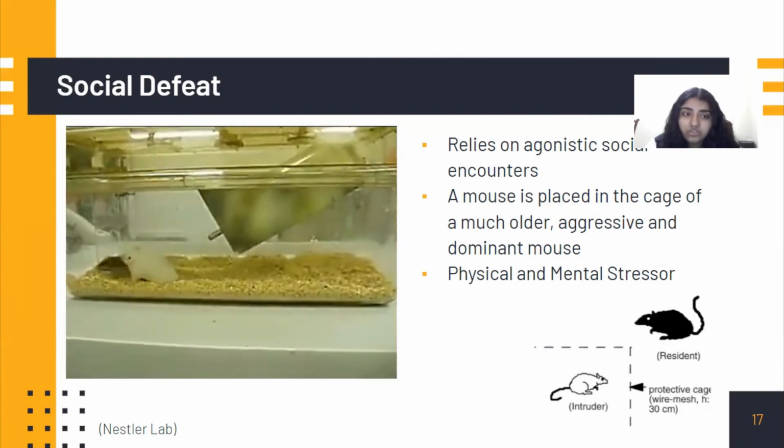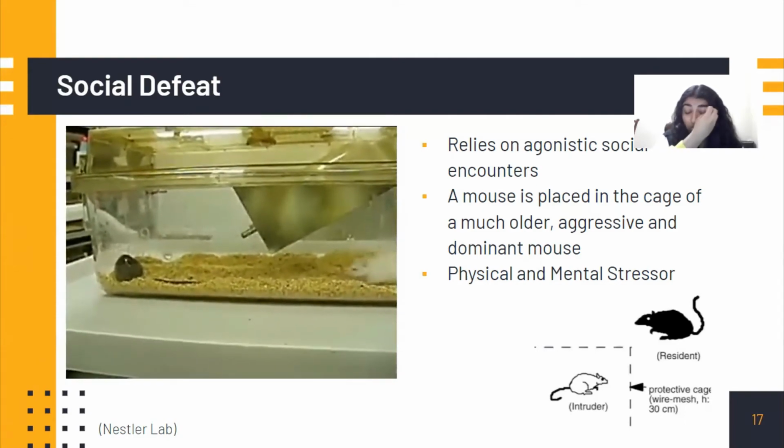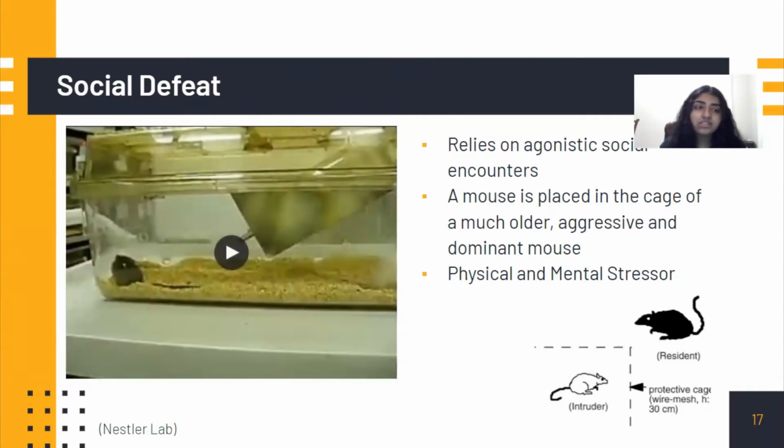And not only is this a physical stressor, because the mouse is getting attacked, but it is also a mental stressor. Once the allotted time that the researcher determines that these two mice will interact is over, the smaller mouse is placed in a cage within the bigger mouse's cage, and you can see that in the image below.